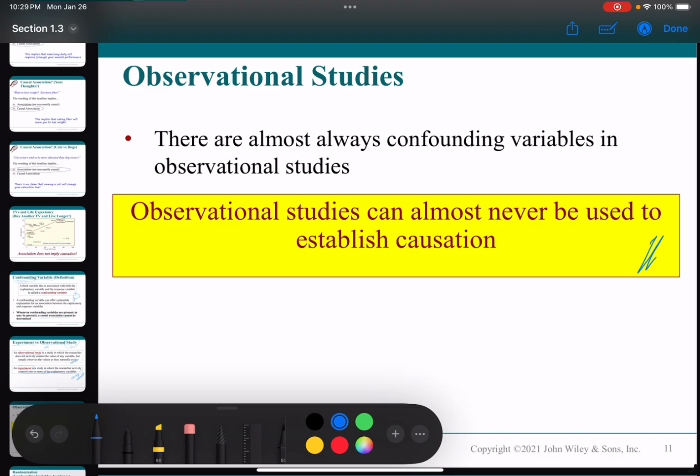Last day I showed you the relationship: causation can imply association, but this side doesn't work. Association doesn't imply causation. Remember that one.